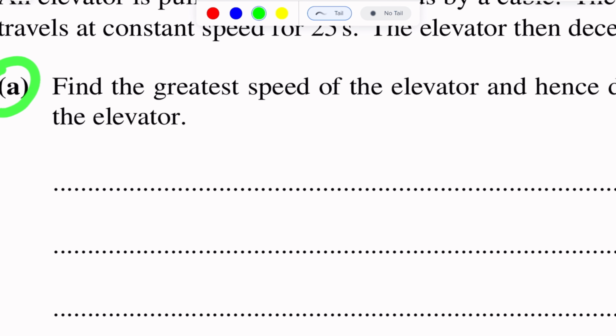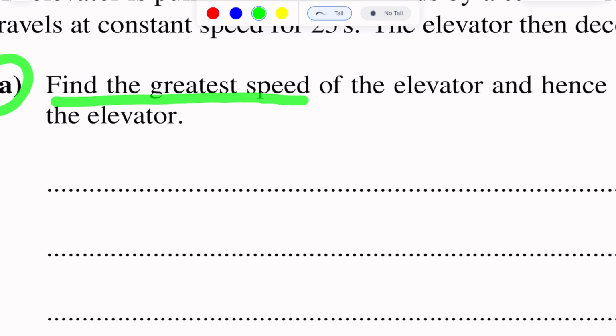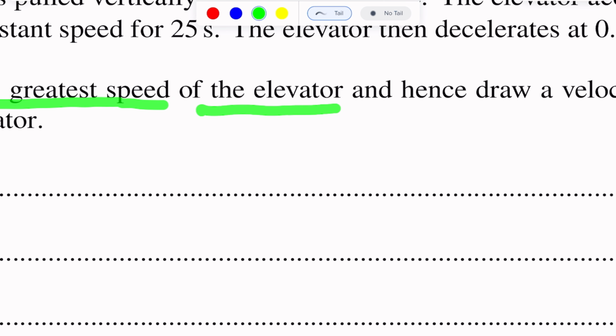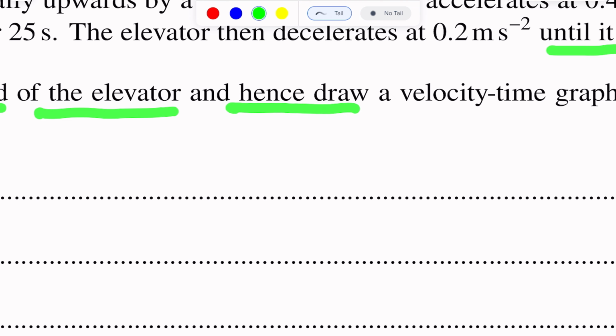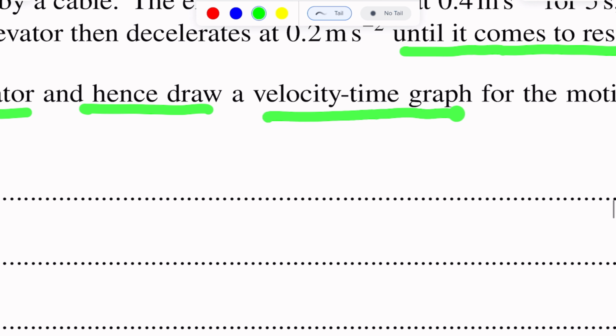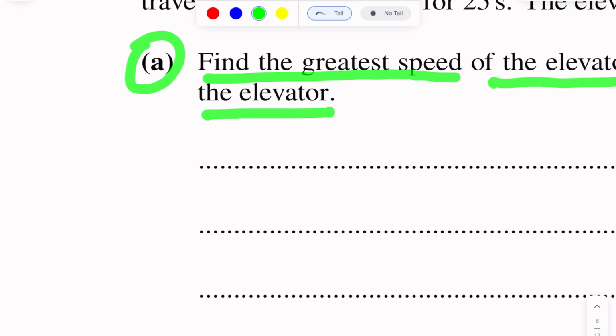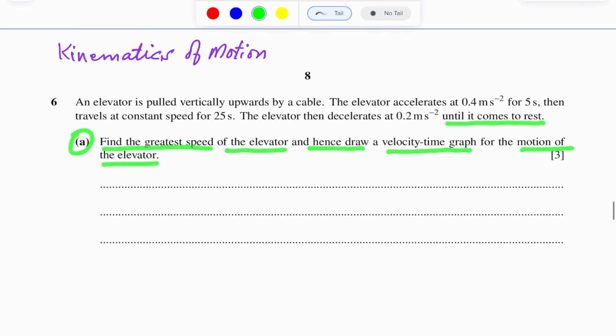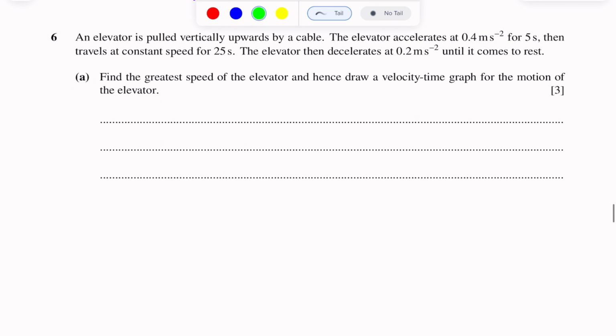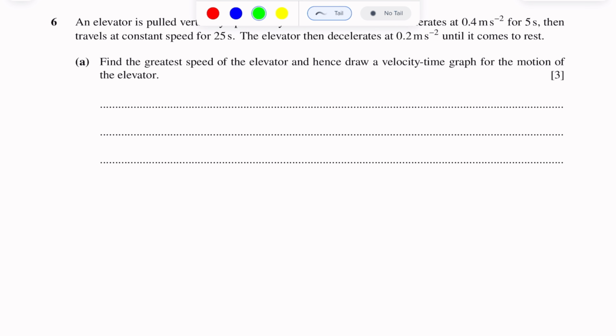A part of this question is: find the greatest speed of the elevator and hence draw a velocity time graph for the motion of the elevator. First we draw a sketch for this question. We draw a velocity time graph.